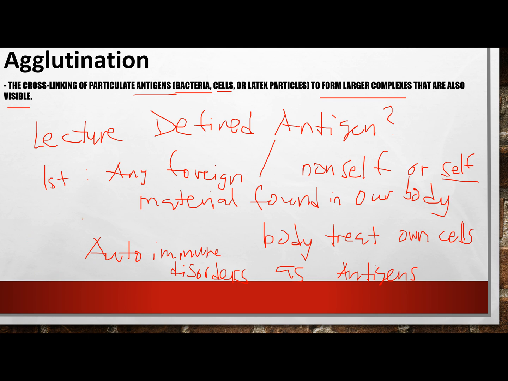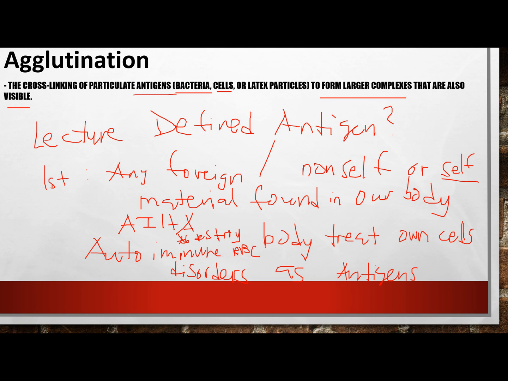An example of this in your hematology is the so-called AIHA, also known as autoimmune hemolytic anemia. In autoimmune hemolytic anemia, class, antibodies would destroy your own red blood cells. So that's one definition of antigen, class.